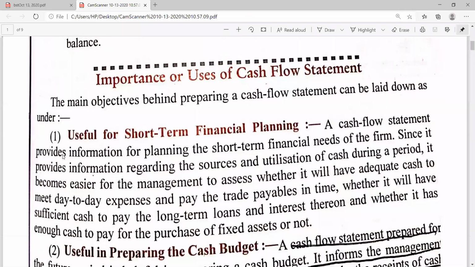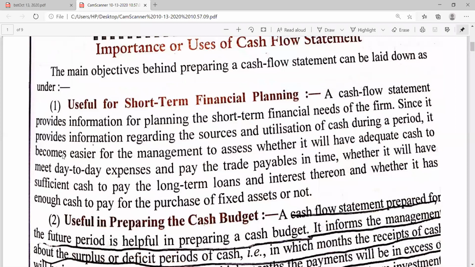Now, what is the importance? No doubt, whatever the objective for which we are preparing the cash flow statement, it provides all those benefits to us. So the main importance of preparing a cash flow statement can be laid down as under. It is useful for short-term financial planning. A cash flow statement provides information for the short-term planning of financial needs, since it provides information regarding the sources and utilization of cash during the period.